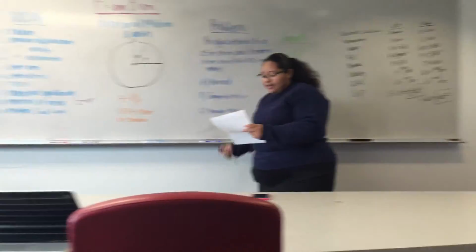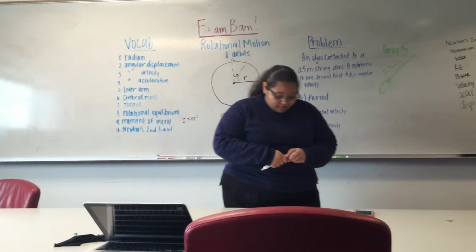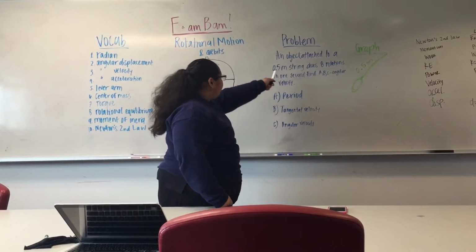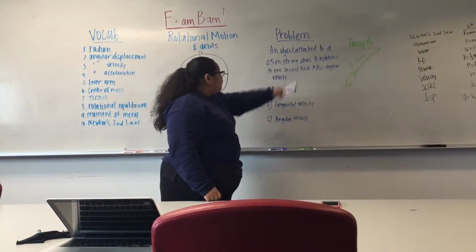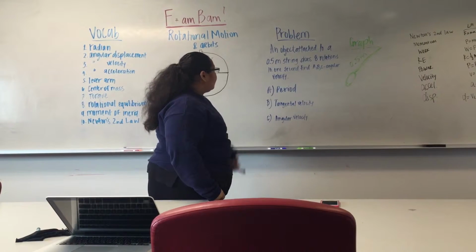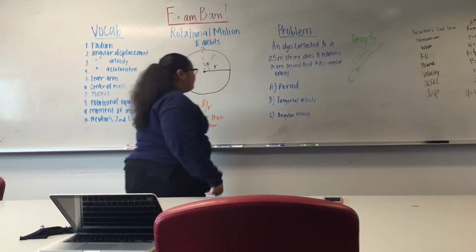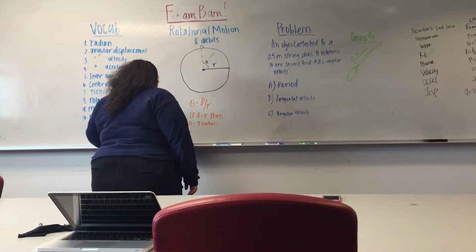Alright, now that we know the equations, we can start solving problems. Here's a problem over here. An object attached to a 0.5 meter string does 4 rotations in 1 second. Find A, B, C: the period, the tangential velocity, and the angular velocity.